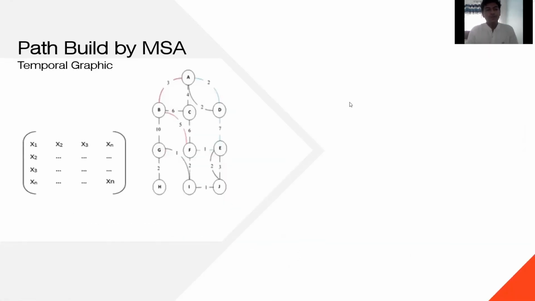And moving on to the path built by MSA, that is using temporal graphic information. As you can see here, we have taken a timestamp, that is a static graph information, from the temporal graphic information, and we have mapped out this graph.